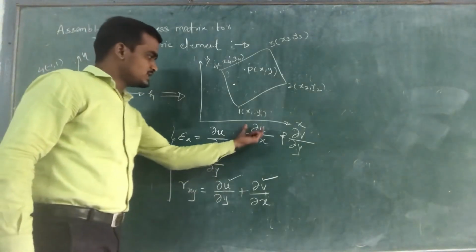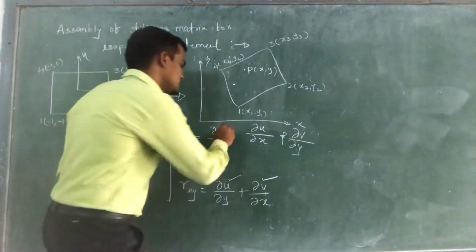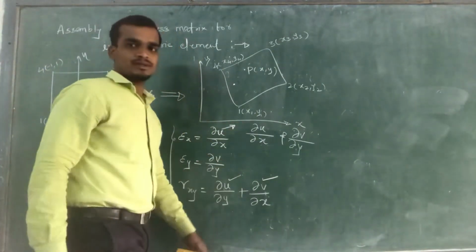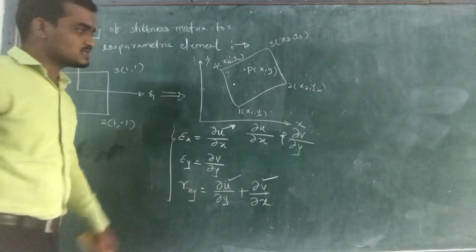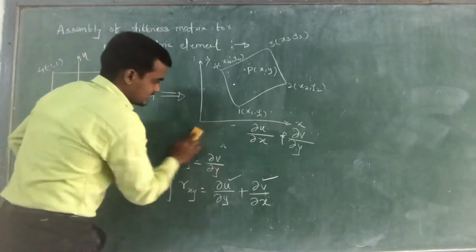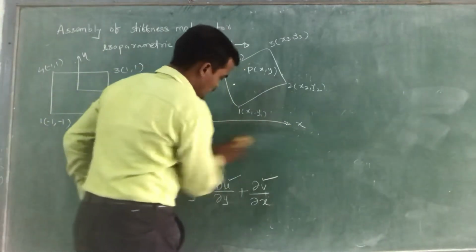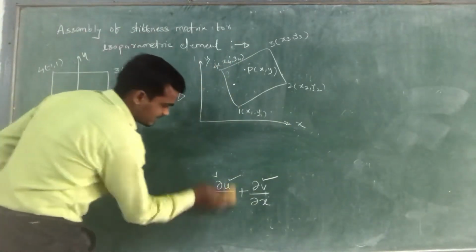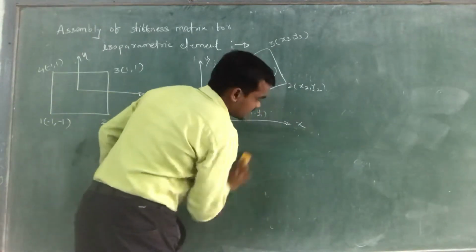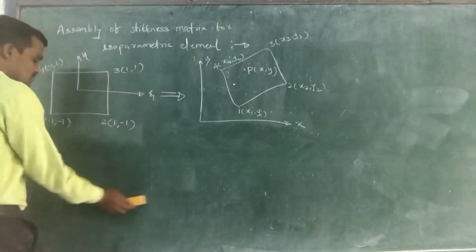It means we need to take the derivative of the displacement u. This is the first thing. Now we will start this procedure to find the strain at any point in the isoparametric element.